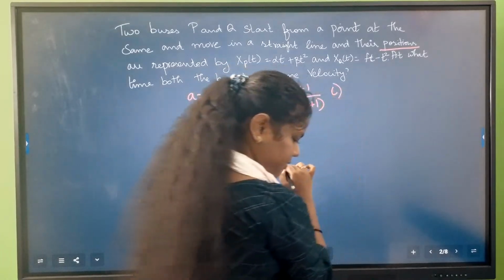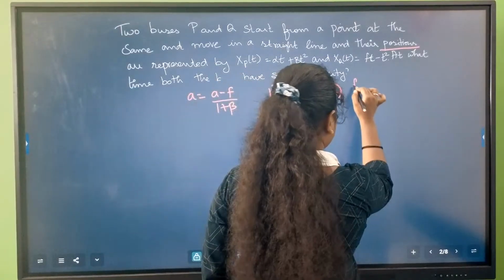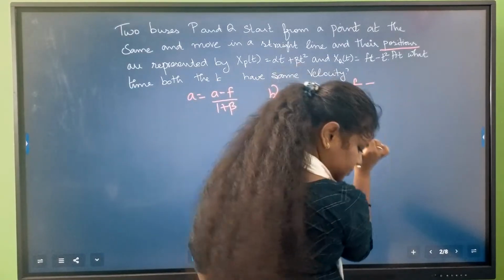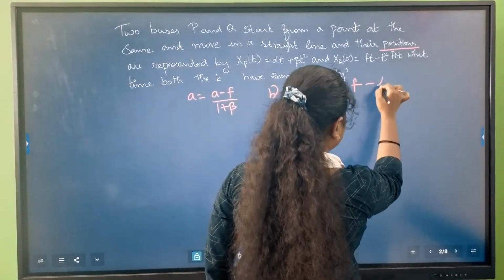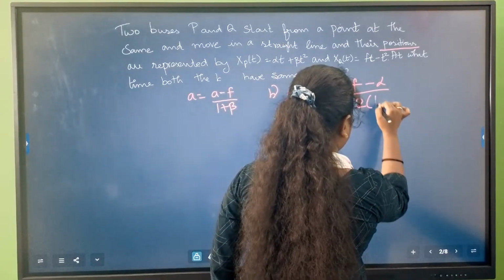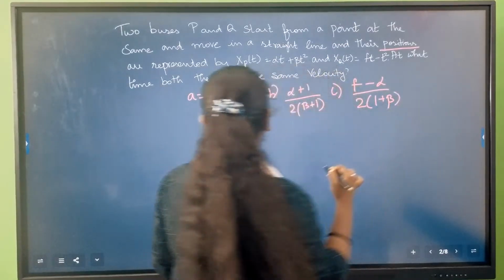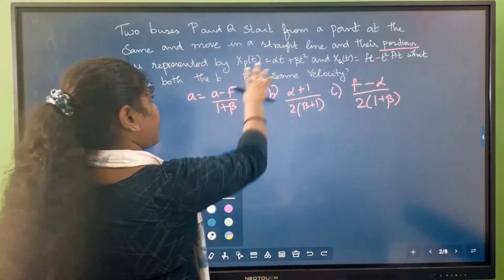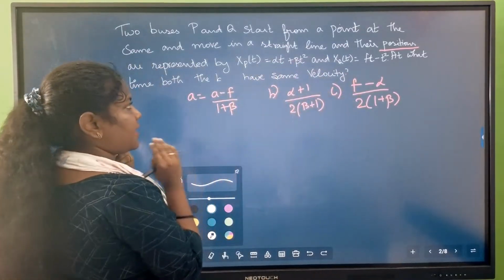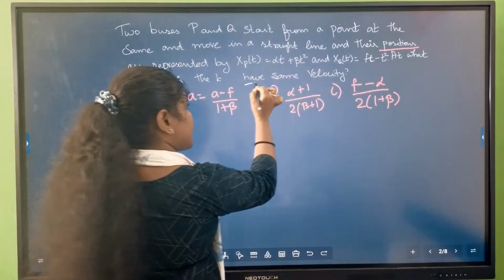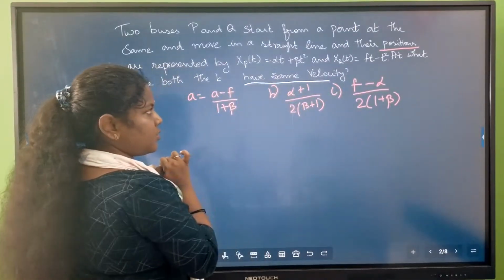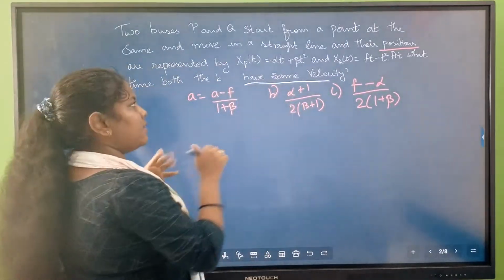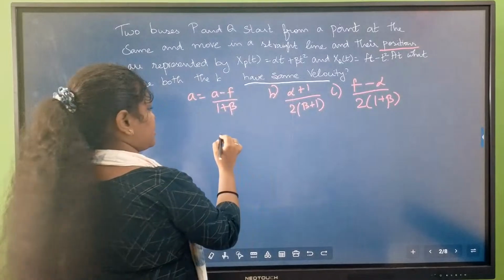And yeah, this is the final one. Okay. See, just read the question. They have given two positions and they have said they have the same velocity. So we can equate both of them, right? With both of their positions.